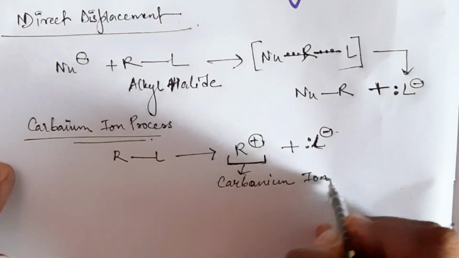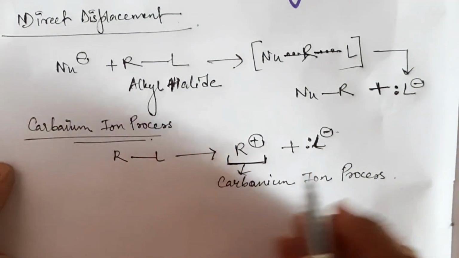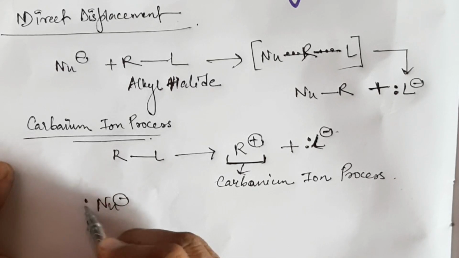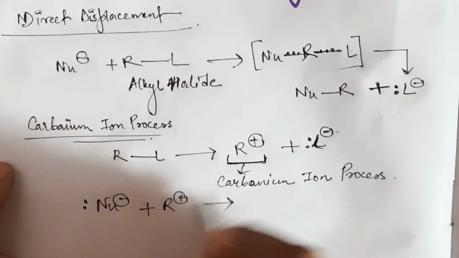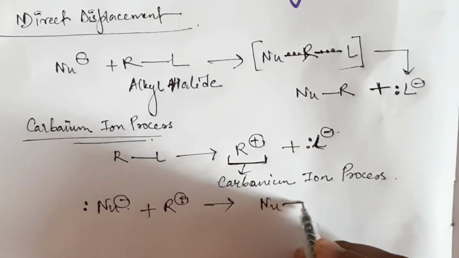So this step is called the carbonium ion process, and it is also called the rate determining step. Then whatever nucleophile you have in the reaction medium will react with the positive side of the alkyl halide to balance itself, and it will form like this.